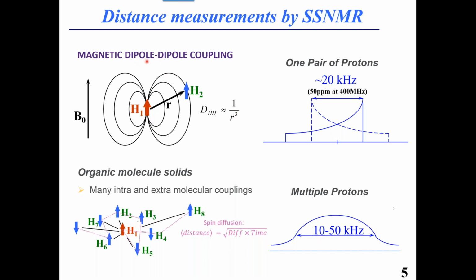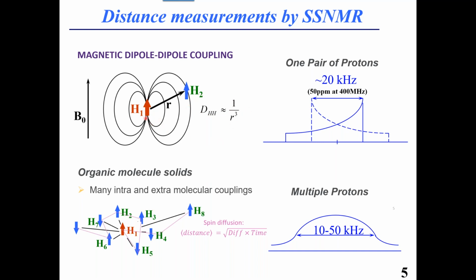In liquids, this dipole-dipole coupling averages to zero, basically by fast tumbling of molecules, so you cannot observe it directly. You cannot measure distances directly in liquids. But you may know that you do use the so-called NOE, or nuclear Overhauser effect, which is basically cross relaxation based on dipole coupling. It's proportional to this dipole coupling squared, or 1 over R^6. So you can measure distances in solution, but indirectly.